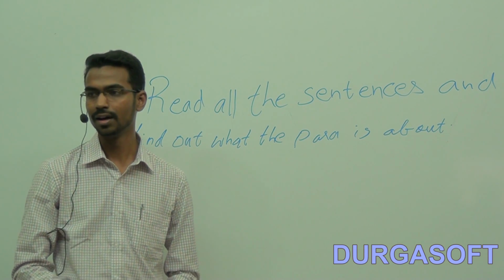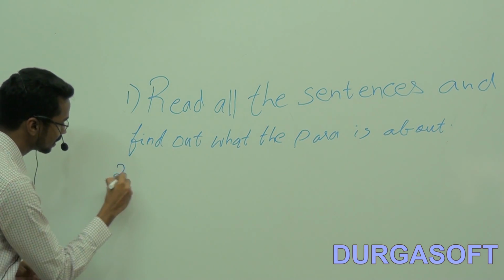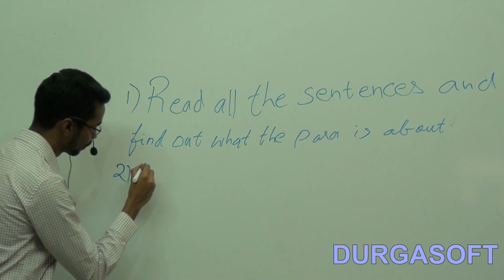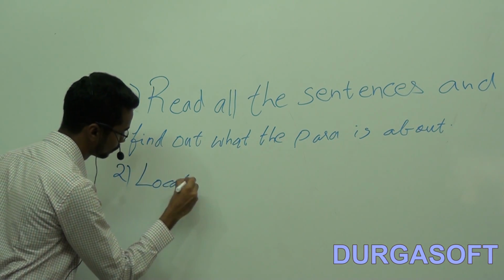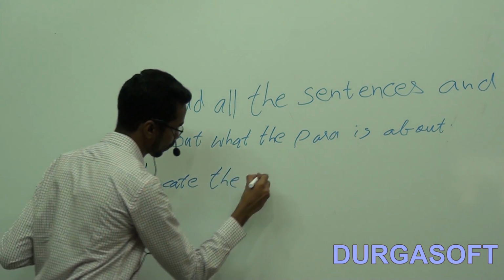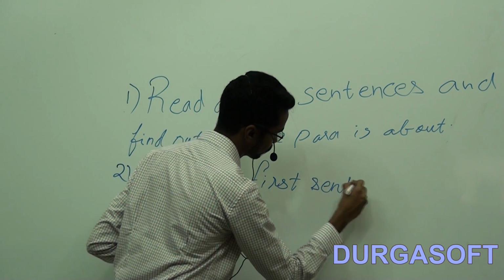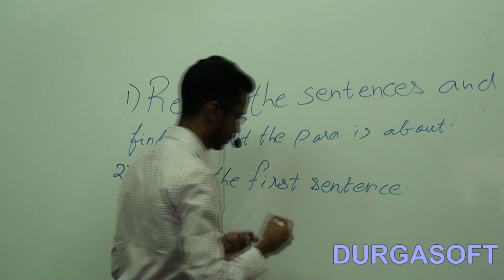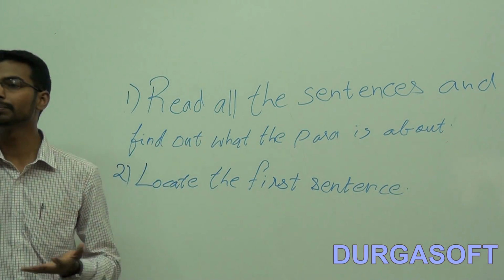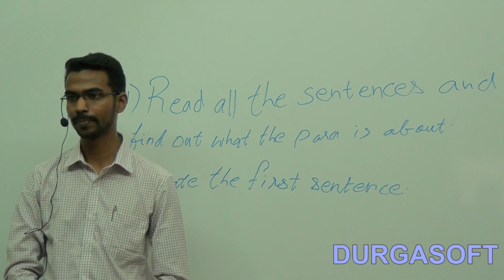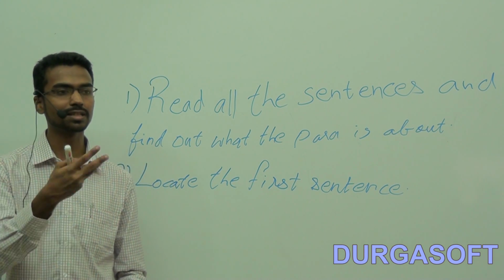Okay, and the second step is, there may be many methods of doing jumbled sentences. Maybe some people try to find out which is the last sentence.